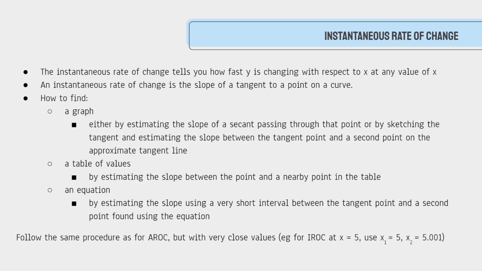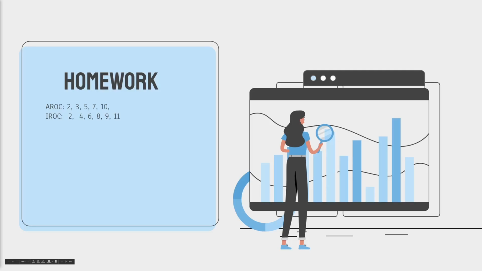And with that in mind, you'll have to calculate the second y value and then find the rate of change. So for example, if you had to find IROC at x equals 5, you'd use x1 equals 5, and x2 could be a number like 5.001 or 4.999, because those are extremely similar to how 5 is behaving.